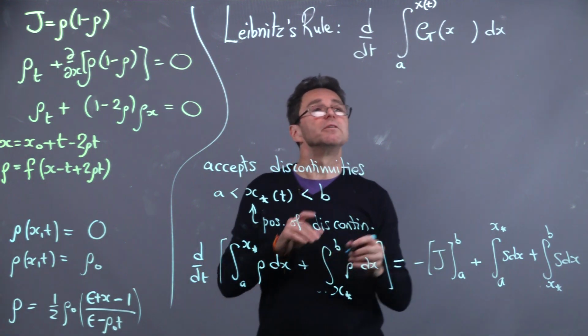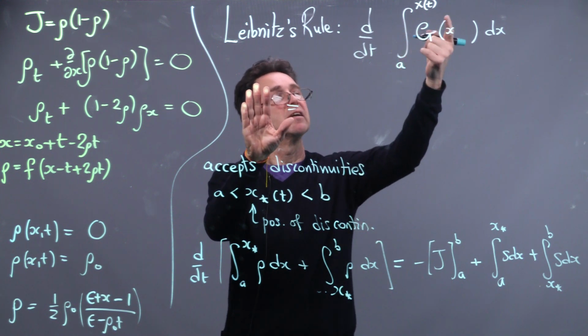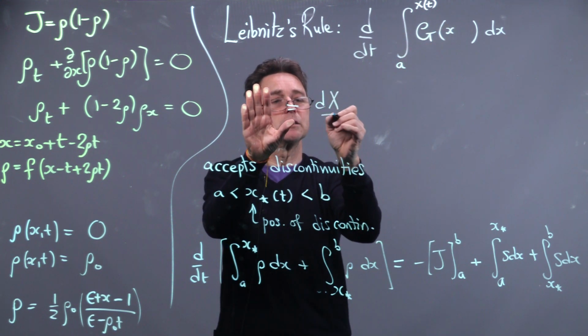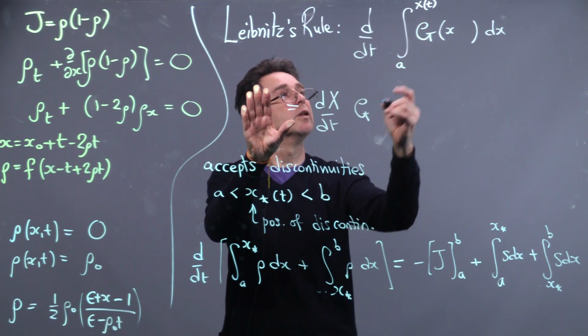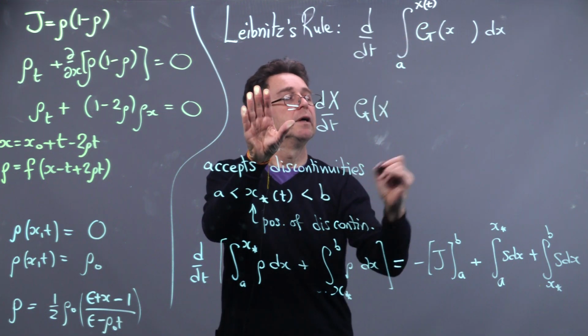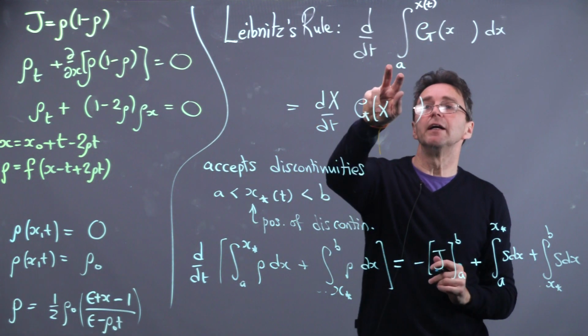Well, Leibniz's rule, if that was all I had, would tell me, well, there's the t dependence. So it's like using the chain rule. I have a dx by dt, and then I get rid of the integral since I've differentiated the limit, and I just put x equal to the limit there. This is assuming that a is a constant.